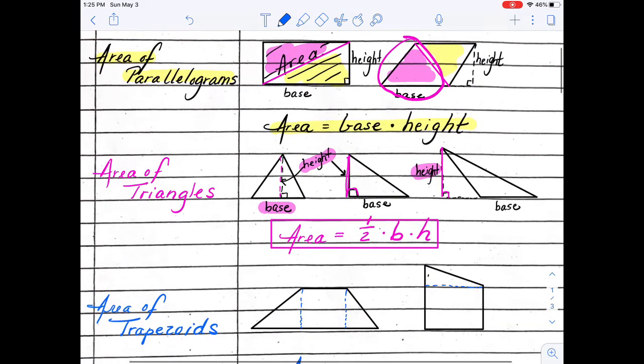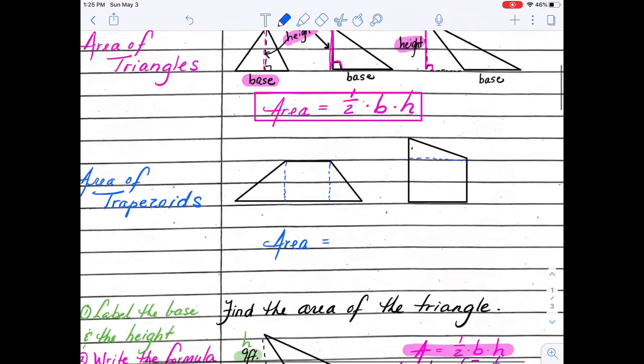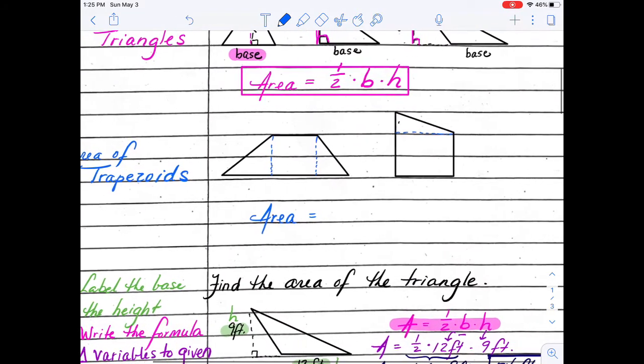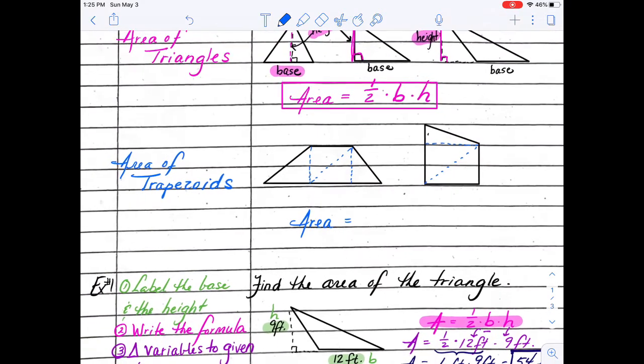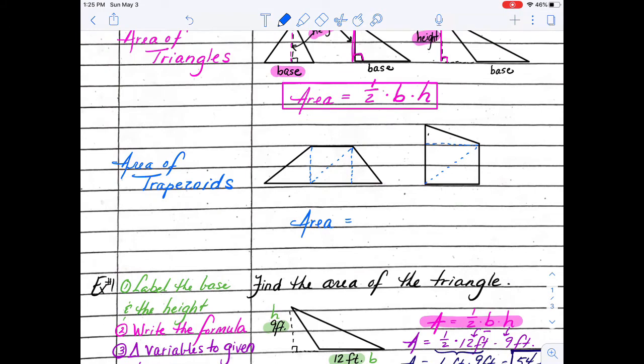They're actually made of triangles. So I could take that trapezoid and actually break it into a whole bunch of triangles. So there's tons of triangles, 3 to 4 triangles inside every trapezoid. So it's going to be very much related to that formula right there of our triangle.